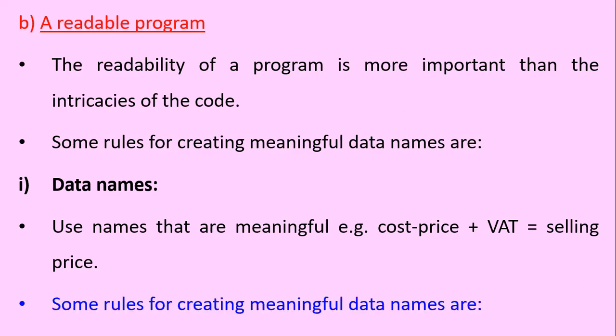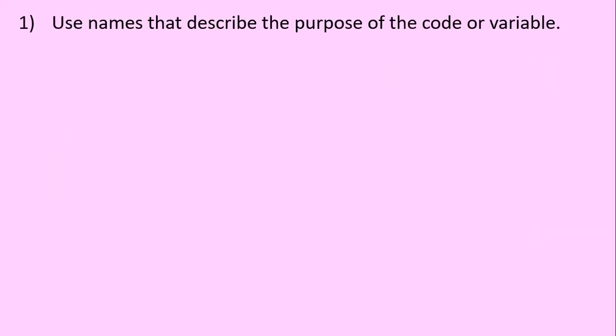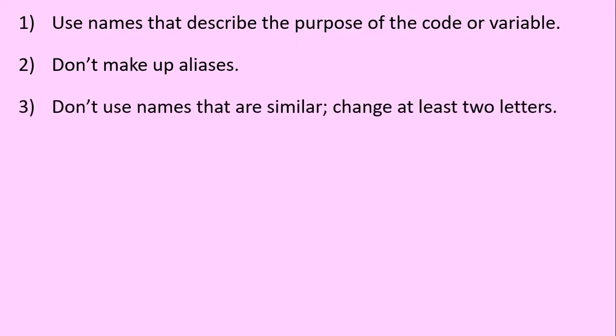So, some rules for creating meaningful data names are: number one, use names that describe the purpose of the code or variable. Secondly, don't make up aliases. Number three, don't use names that are similar. Change at least 2 letters.